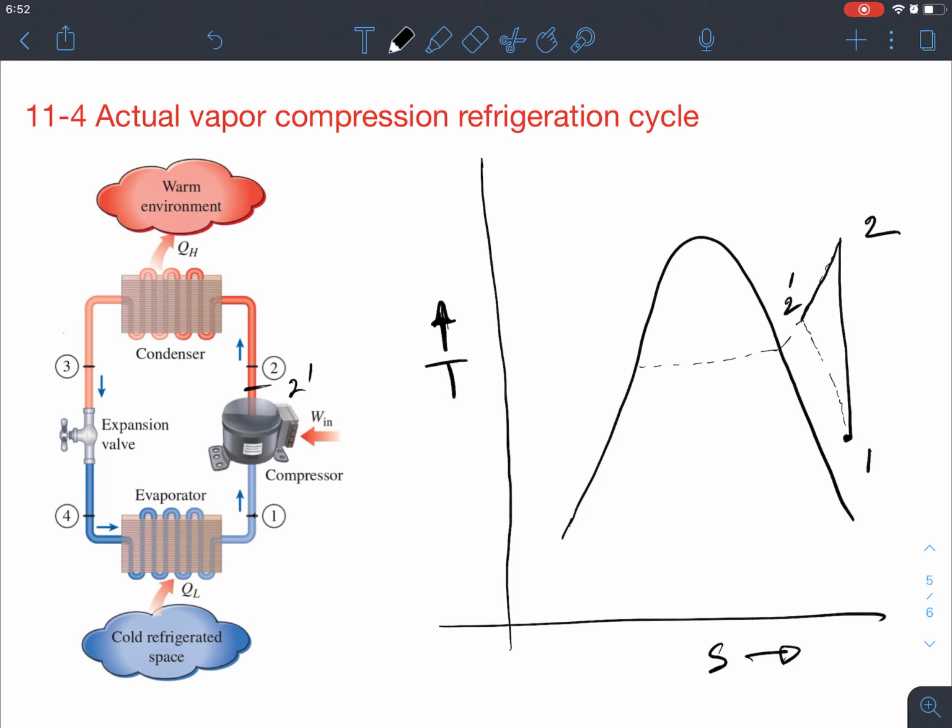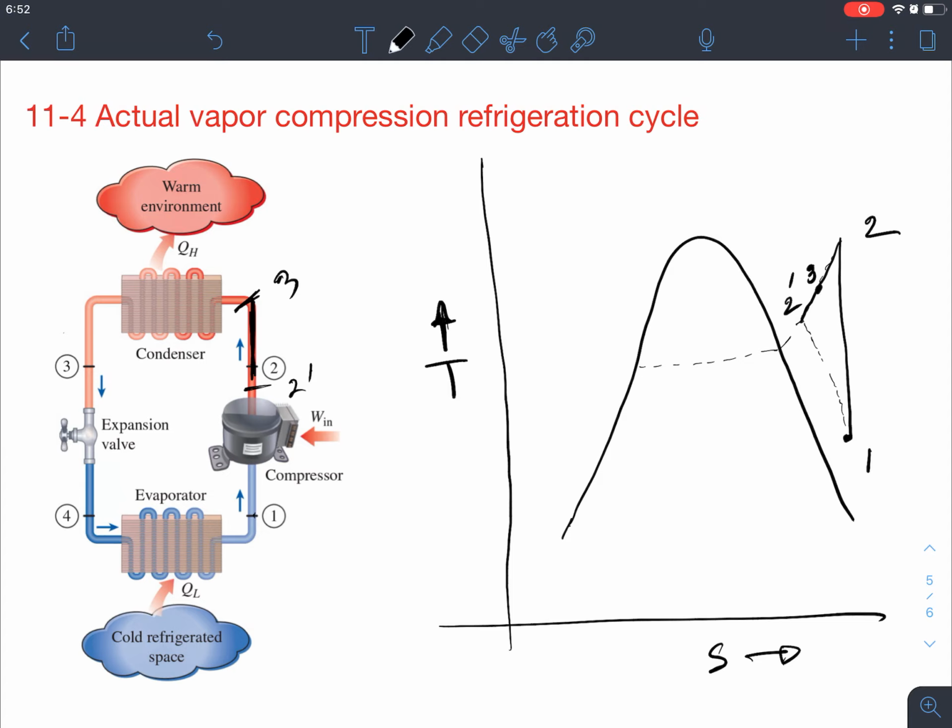Then from 2 to 3, if we consider this point as 3, this pipe will have some loss. The temperature will slightly decrease, and pressure will remain constant.